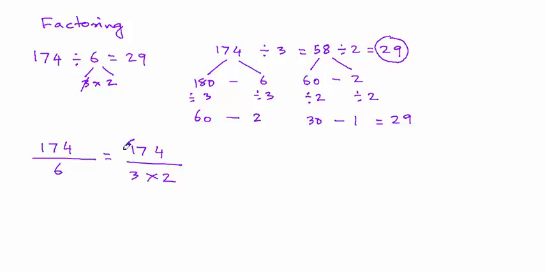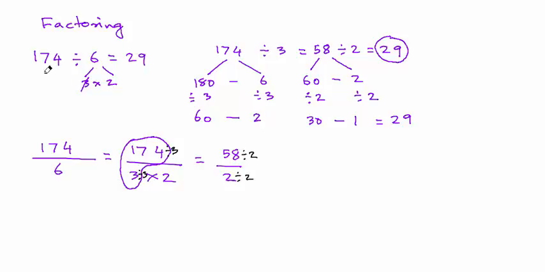So essentially you're simplifying this part first, dividing this by 3 and this by 3 to get a 58 on the top, and the 2 stays on the bottom. 3 divided by 3 is 1, and then simplifying this by dividing this by 2 and this by 2. So effectively it's dividing the numerator, which is the dividend, first by 3 and then that answer by 2. You could have also done first 2 and then the answer by 3. You would still get the same answer, 29.